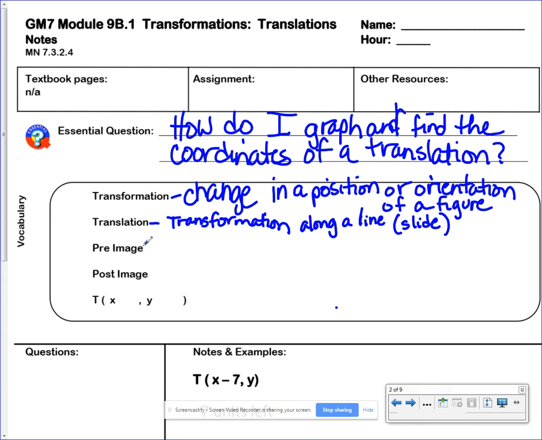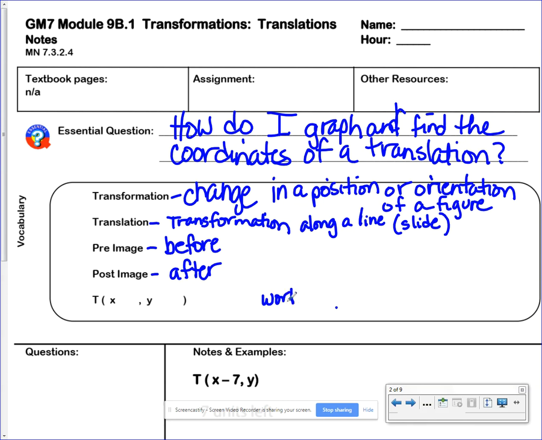You'll hear us refer to the pre-image and the post-image. Some textbooks use a little different terminology, but the pre-image is the before and the post-image is the after. There are two ways that we can describe how to move. Sometimes we'll use words.